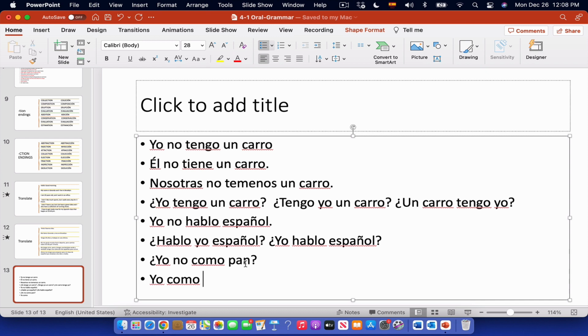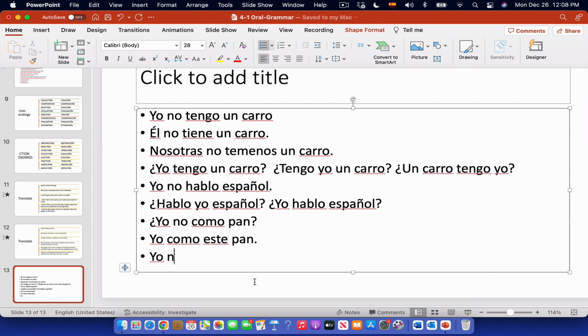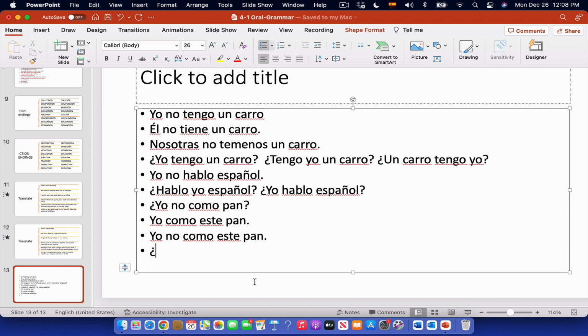This is close to me, right? Este, pan. So I use este here because pan is masculine singular. How do you say I don't eat this bread? Well, yo no como este pan. Okay? How do you say do I eat this bread? ¿Como yo este pan? Okay?